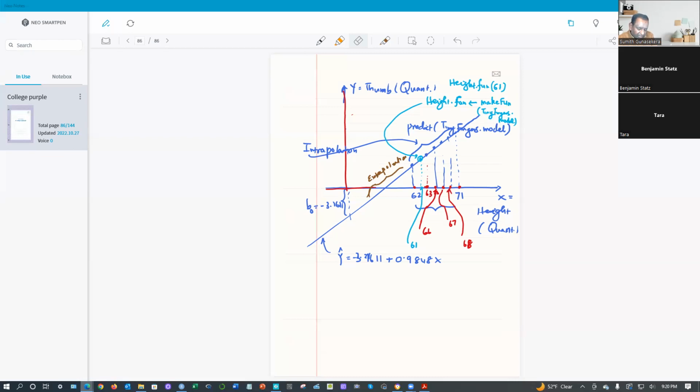See? True thumb value, which is y, when height of x equals 62, is how much?